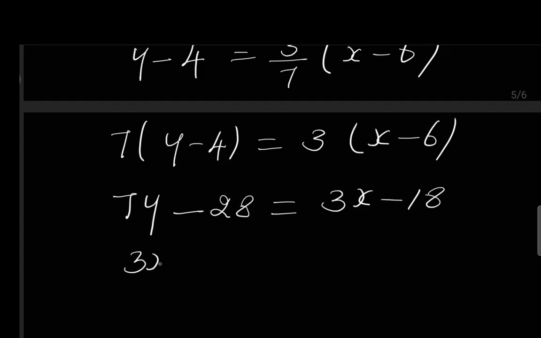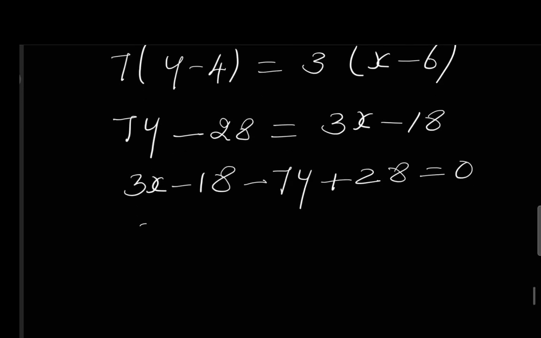So keep 3x minus 18 in the same place. You just transfer this term: 7y minus 28 becomes plus 28 equal to 0. So 3x minus 7y plus 10 is equal to 0.